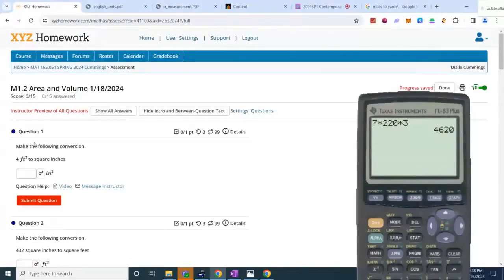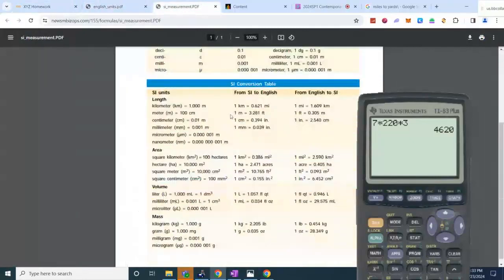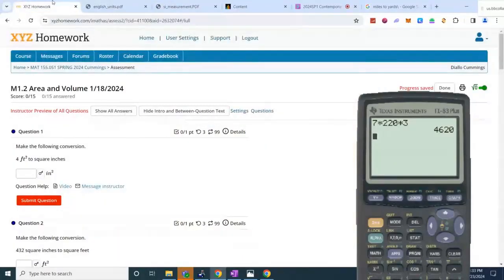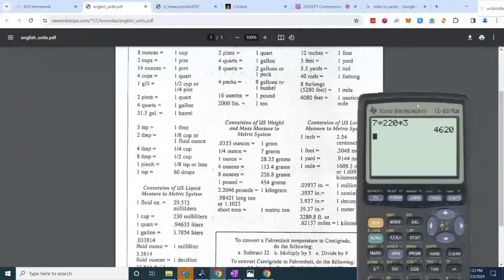All right, so here again it says make the following conversions. 4 square feet to square inches. And I don't think that was on any of those formula sheets.